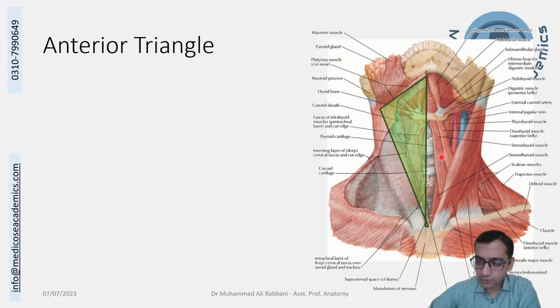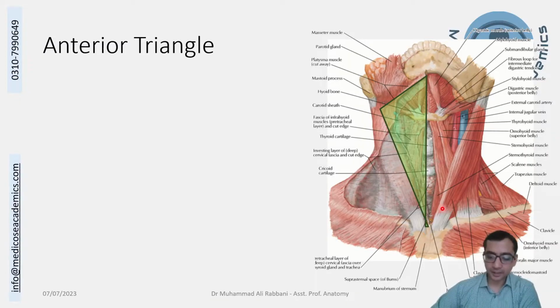This muscle that goes from the hyoid bone to the sternum is the sternohyoid. This muscle that goes here, moves through the sling and goes here, is called omohyoid. The part that is present here is the superior belly. The part that is present here is the inferior belly. And of course, we are left with sternocleidomastoid.